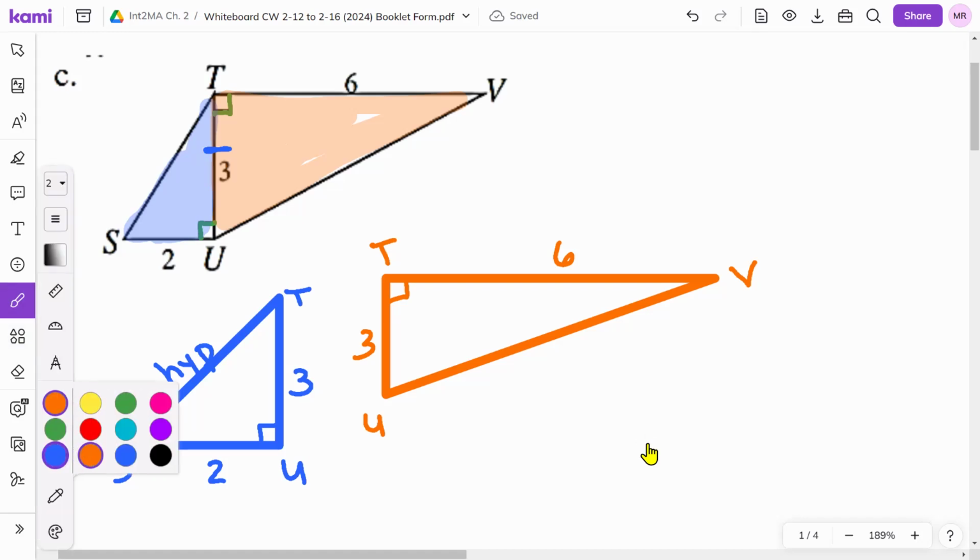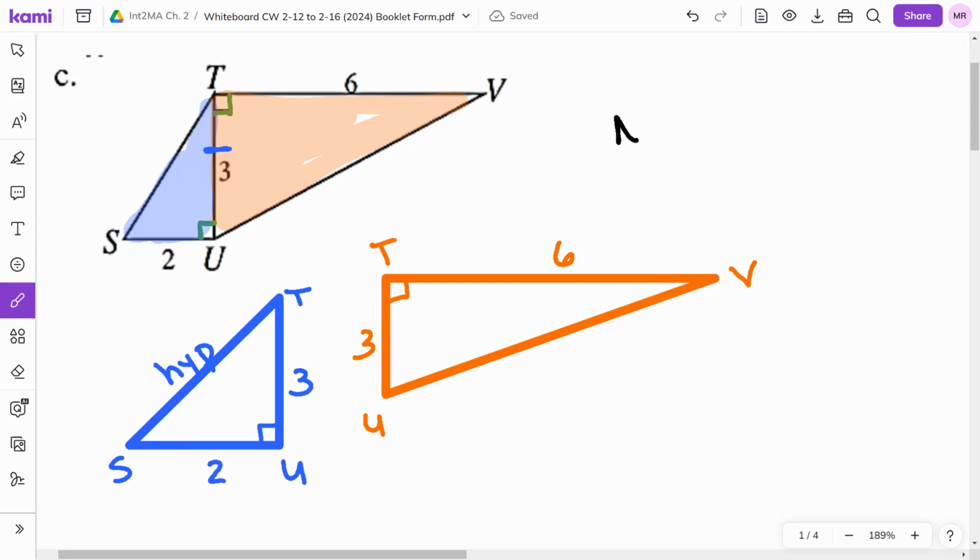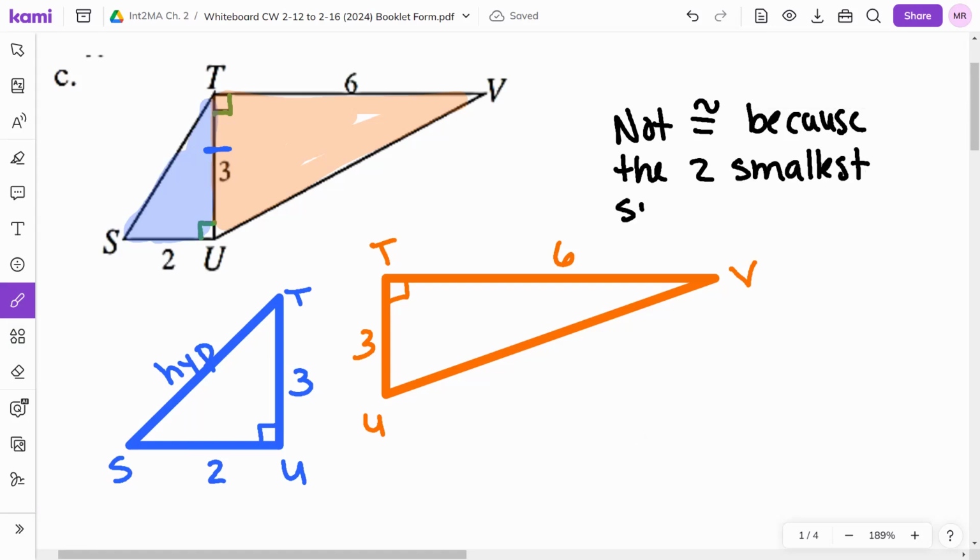So we're going to say not congruent because the two smallest sides, line segment SU and UT, are not equal. So that's not going to be congruent.